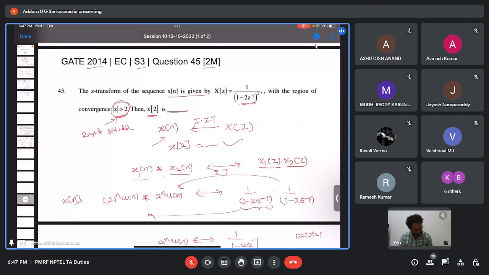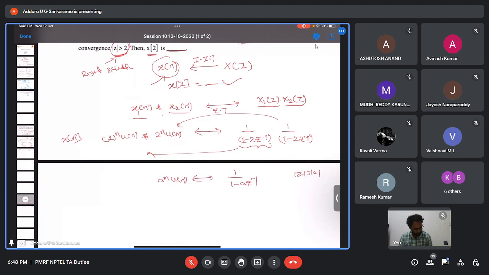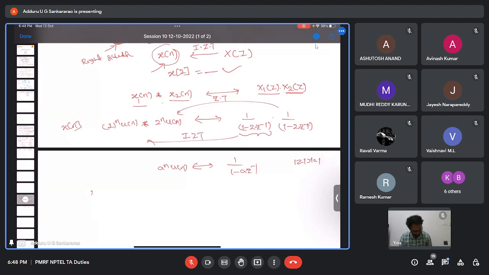As I said, first we need to find the inverse z transform, from that we find x of n, then at n equal to 2 we get the answer. So use the convolution property to find the inverse z transform. Then x of n we got is 2 power n u of n convolved with 2 power n u of n.